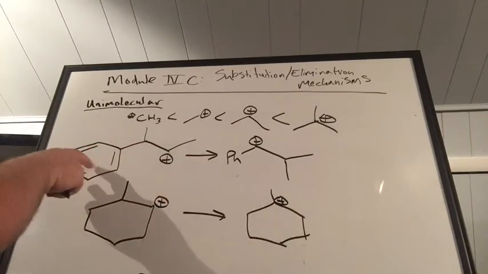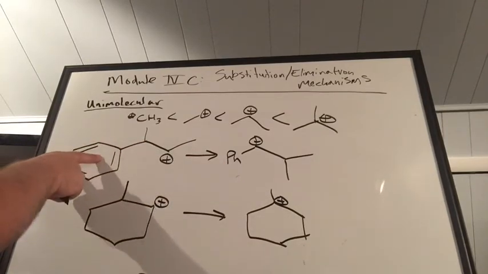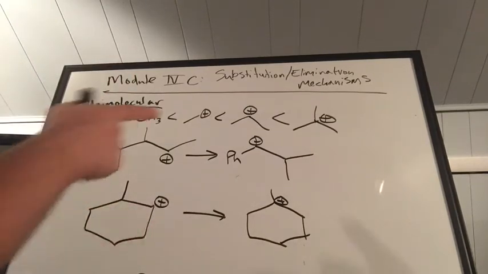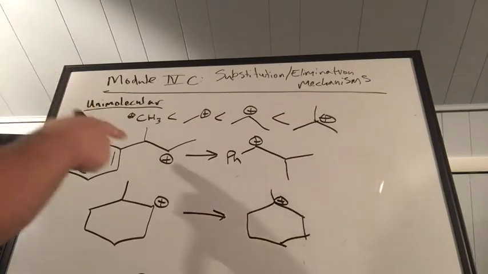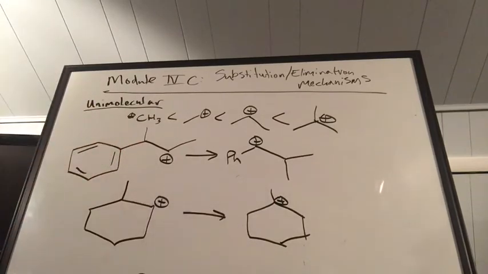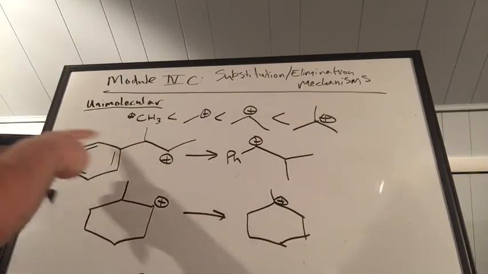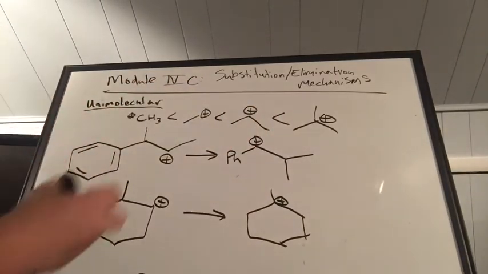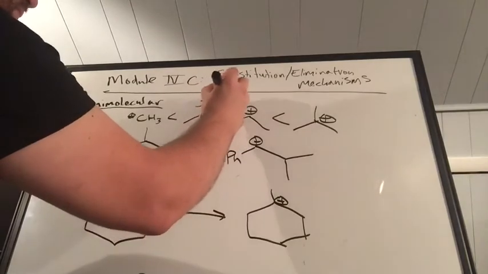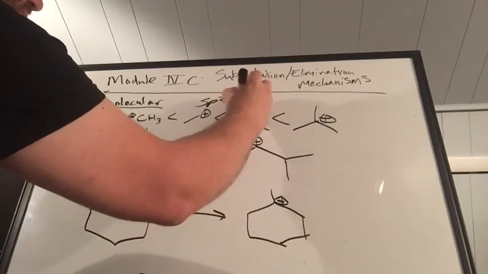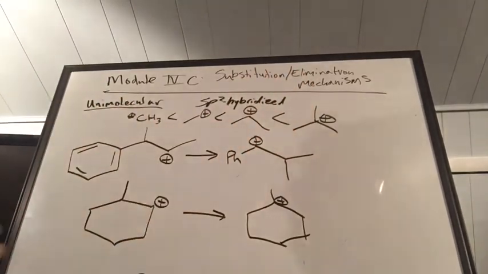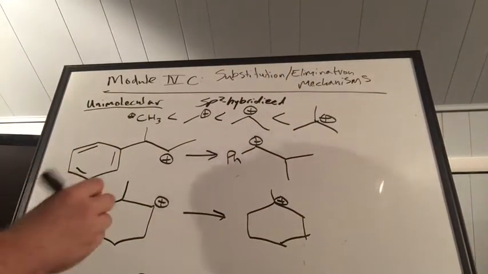If it conjugates with this particular pi system that's a phenyl group, then that means it's going to be more stable closer or just off of that sp2 construct, because remember that all of these carbocations are sp2. Okay, so all sp2 hybridized.